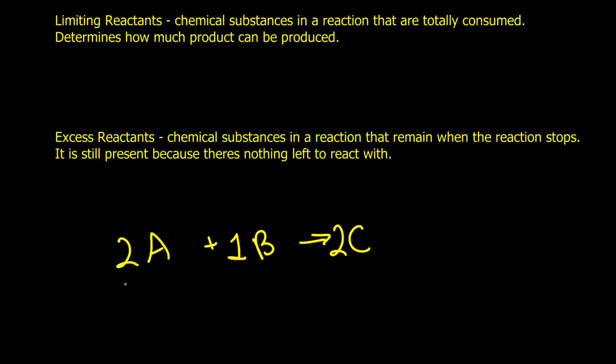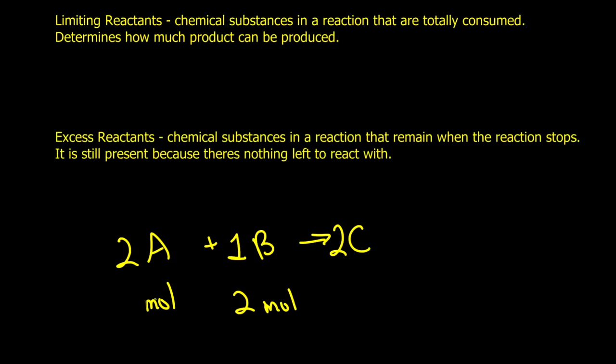So that means if I have 4 moles of A and I need twice as much as B, that means I need to have at least 2 moles of B because it's a 2 to 1 ratio.